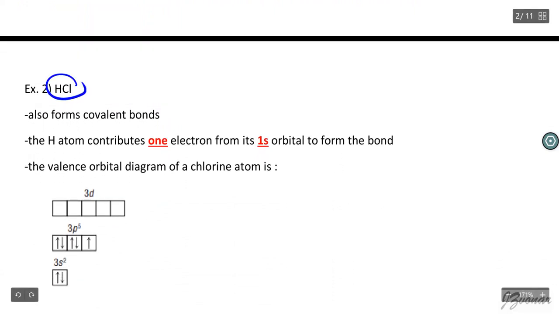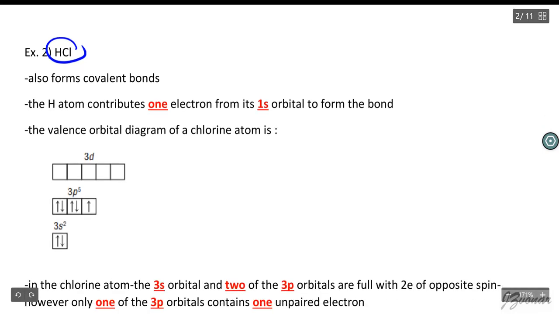Another example of a diatomic molecule, hydrogen chloride, also has the ability to form covalent bonds. What's going to happen here is that we know already from the previous example that the hydrogen atom has a half-filled s orbital, and chlorine, if we look at its orbital diagram here, this is the orbital diagram of a chlorine atom.